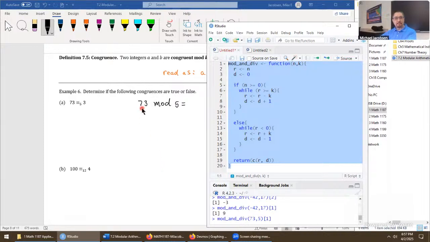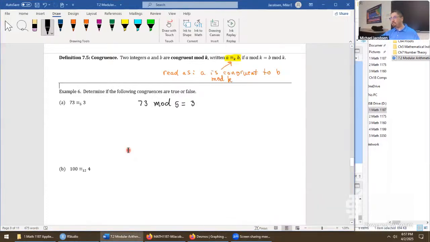So the order we state the modulus is the order we call the function, thankfully. And that one is just a 3. 73 mod 5 is 3. Now we check out the right-hand side. 3 mod 5, the remainder after division of 3 by 5, is 3.